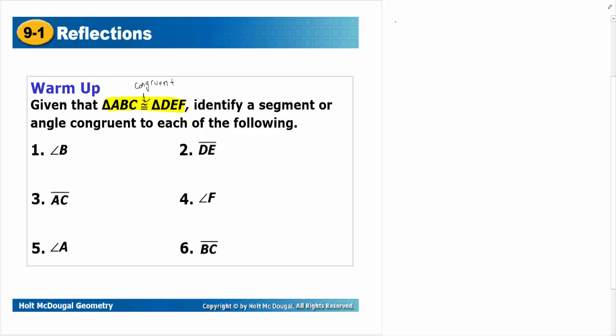And when you have your congruent, I'll put a couple little side notes up here to give you a reminder. Congruent is that symbol that we just talked about. When you have something that's congruent, that means you're talking about the figure. So I'll say the figures are going to have the same size and shape.